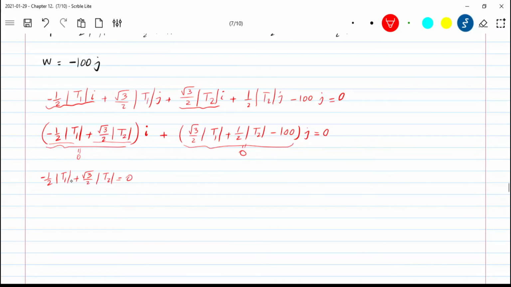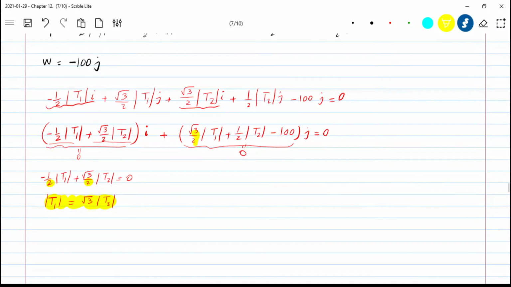You can multiply both sides by 2 and move this one to the other side, so you get magnitude of T1 simply equals root 3 magnitude of T2. This is the first equation that we can get.